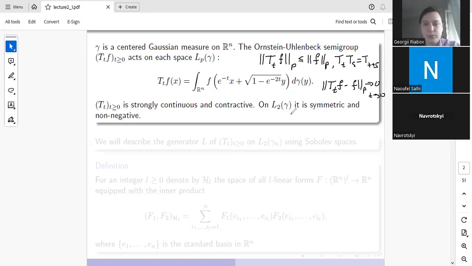When p is equal to 2, we also have that the semigroup is symmetric and non-negative. So here the inner product is taken in L2.